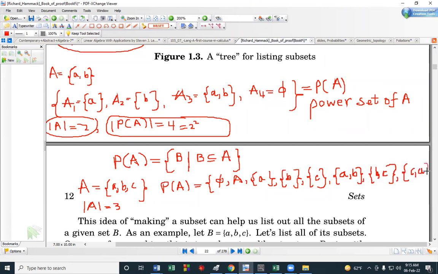In a set, the order of elements is not important. And the 3-element subset is the set A itself, A, B, C. There should be no 4-element subset of the set A, since it contains 3 elements, right? So we have listed all possible subsets of the set A. Now how many of them do we have? 8.